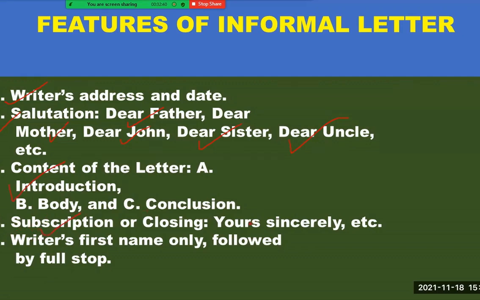Yours sincerely can be appropriate for dear uncle. If you are writing to your mother, you can write yours affectionately, or as the case may be. But now that we are asked to write to our uncle, yours sincerely is appropriate. Now, after the closing, you have the writer's first name. You simply write your first name and you put a full stop. All right, these are the features of an informal letter.